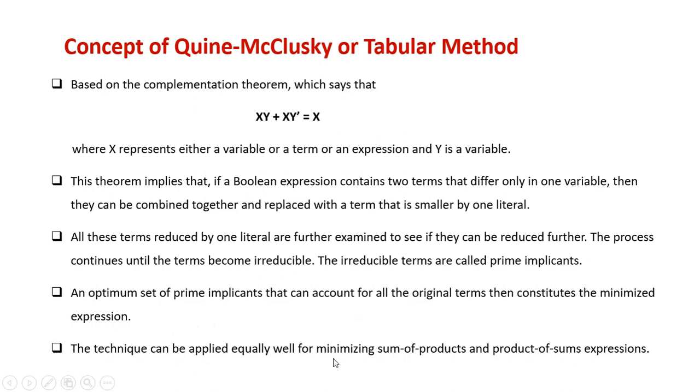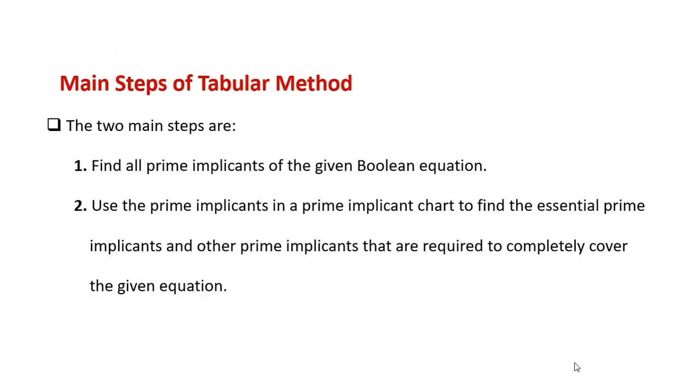Now this technique can be applied equally well for minimizing either SOP or POS. These are the main steps of the tabular method. Two main steps are there. First of all, we have to find all prime implicants of the given Boolean equation. After finding the prime implicants, we use them in the prime implicant chart.